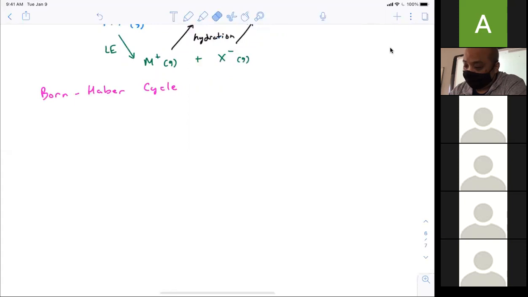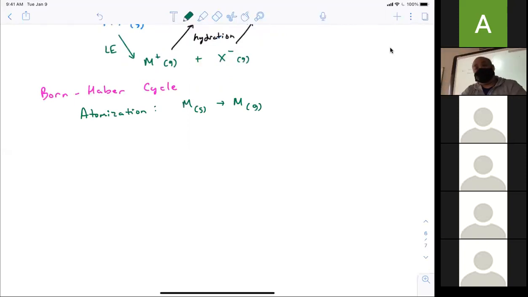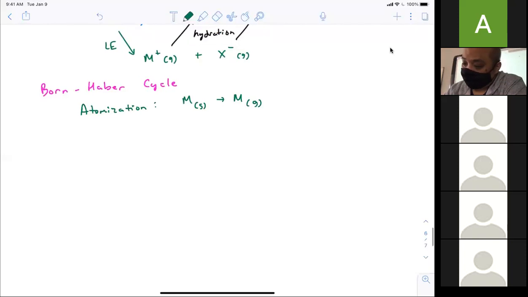Atomization is when you're going from a solid to a gas. I guess you could argue sublimation technically as well, but atomization here is just converting a solid to a gas.